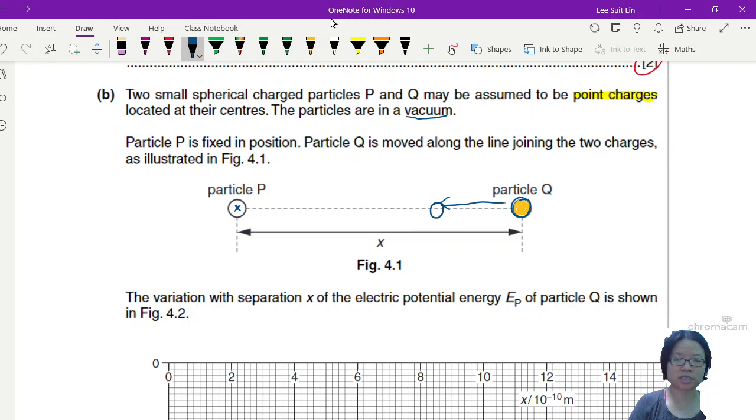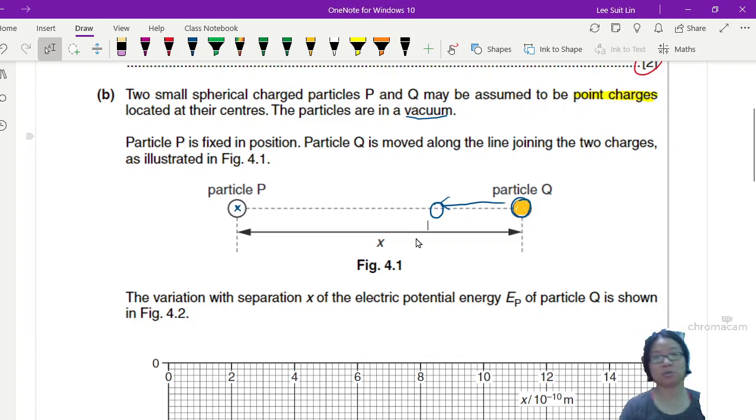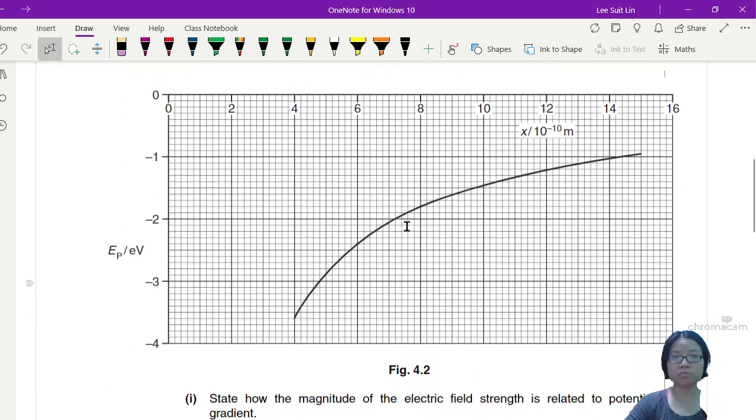Of course you can see your X will decrease until maybe 0. But it won't be 0, because weird things happen when 2 charges are at the same place. Alright, so the variation with separation of the electric potential energy of particle Q is shown.